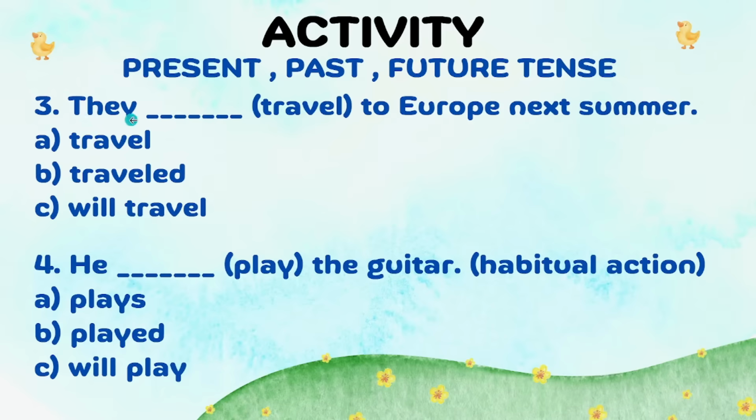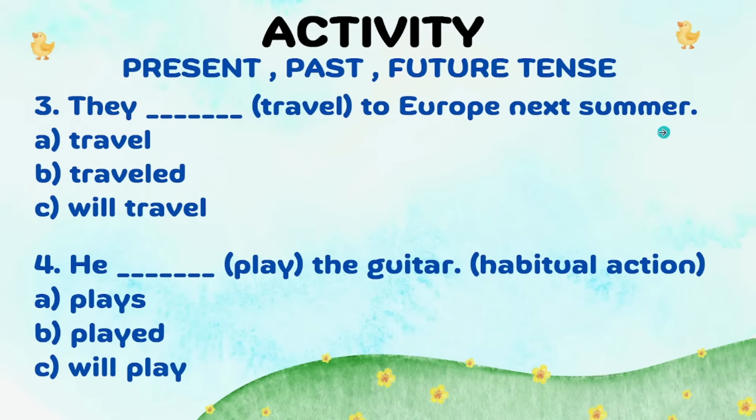So, they, the correct answer is will travel. Because will is used for future tense. Because of the word next summer. Okay? Future. So, they will travel to Europe next summer.